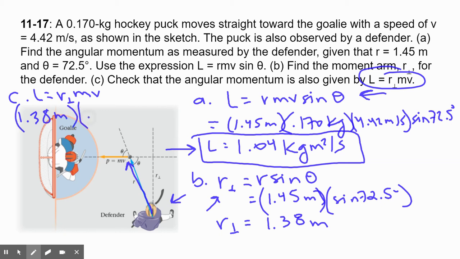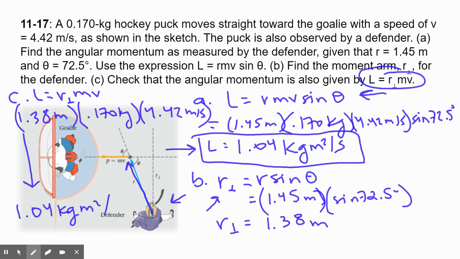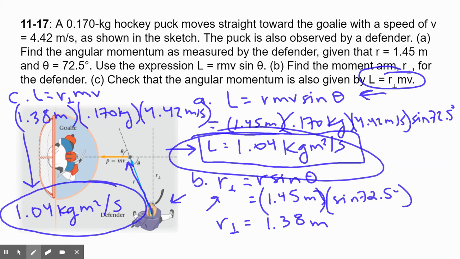We know the mass, which is 0.170 kilograms. And we know the speed, which was 4.42 meters per second. When we calculate that, we'll find that L equals 1.04 kilogram meters squared per second. So it is the same here and here, which means angular momentum can in fact be given by this equation as well. So we've completed part C.